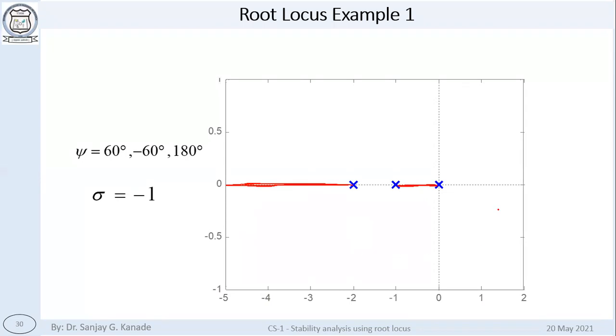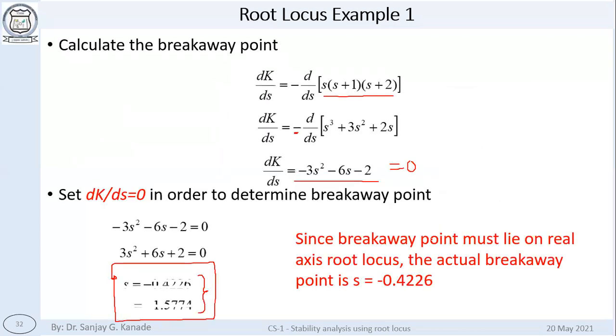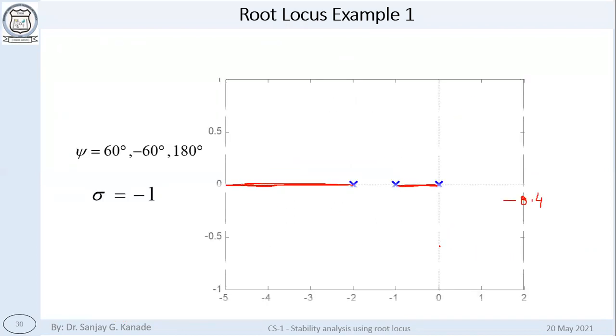The two points are minus 0.4226 and minus 1.5774, right? These are the two roots, or two values of s, that we found by solving the equation dk by ds.